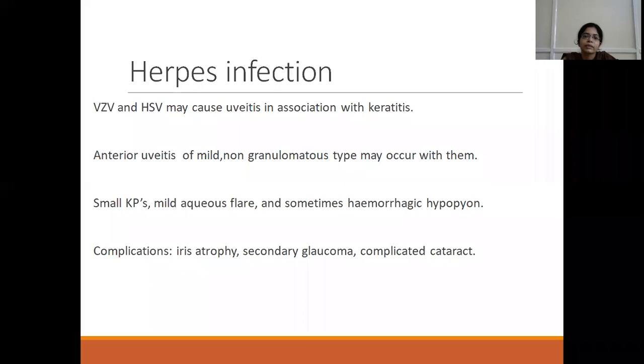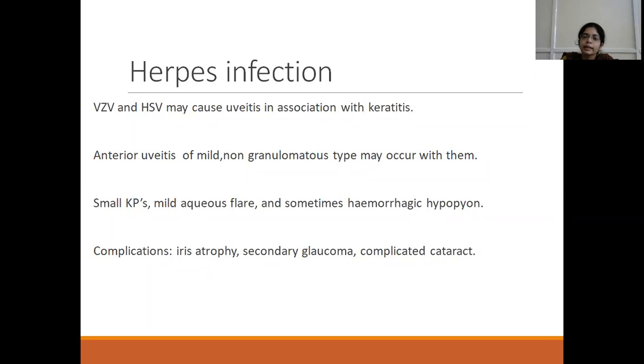Now, herpes infection, as you might recollect in the cornea class, will cause keratitis. Usually in herpes infection, be it varicella zoster virus or herpes simplex virus, uveitis is also seen in association with keratitis.